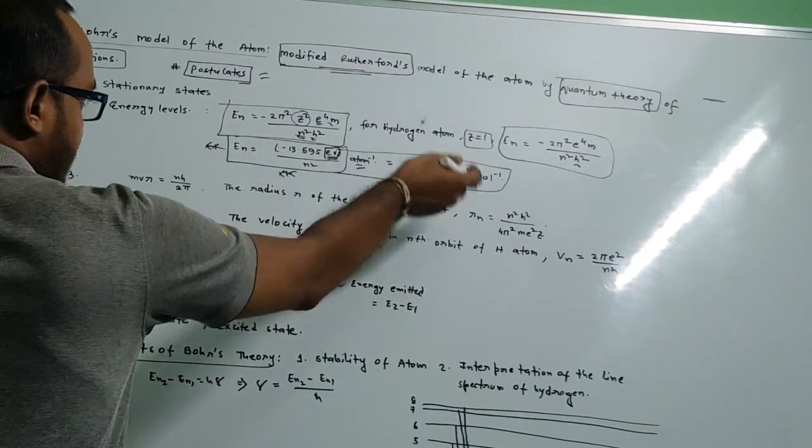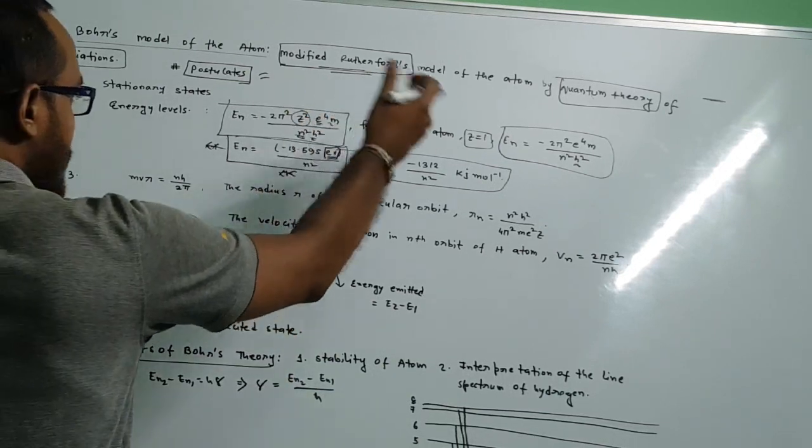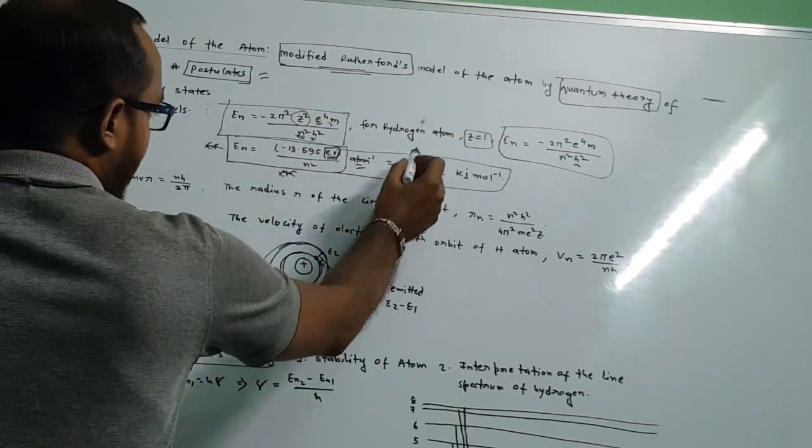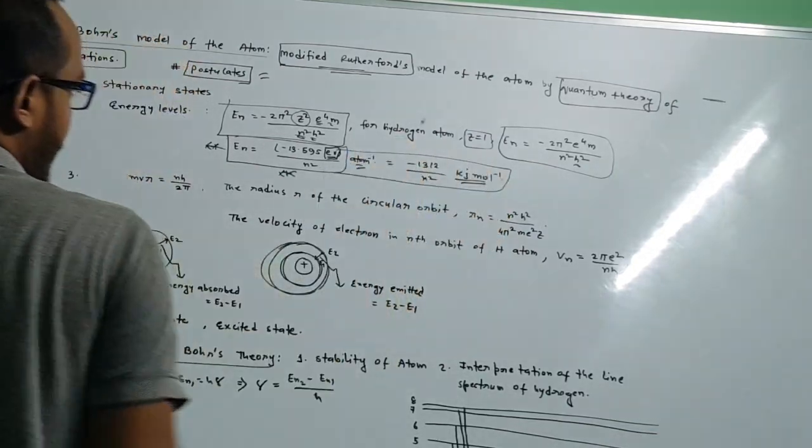And if you convert it to joule, because we know 1 electron volt is 1.6 into 10 to the power minus 19 joule, the energy comes up to be minus 1312 by n square kilojoule per mole.